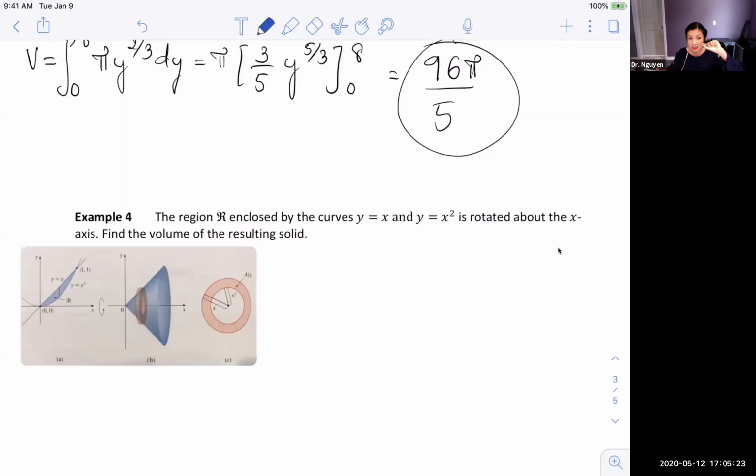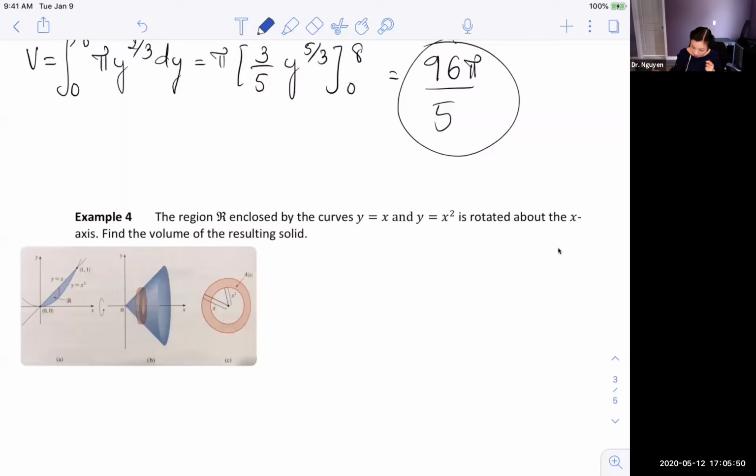You see that? So you take that piece and you rotate it, and you can see that the outer circle has a radius of x, and the inner circle has a radius of x squared. So hopefully you can recognize the cross sections right there.